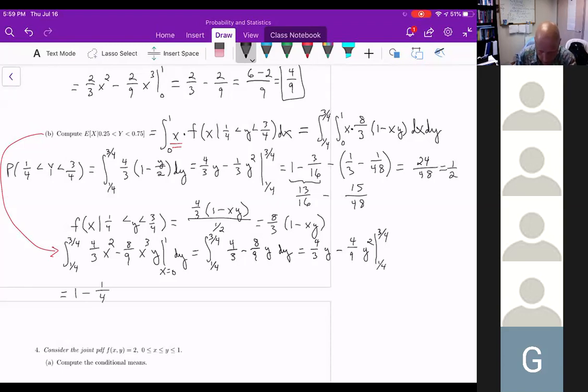So that simplifies really nice. Minus, when y is 1/4, you've got 4/3 times 1/4, which is 1/3, minus 4/9 times 1/4 squared, or 1/16. So 4 goes into the 16, so that you get 1/4 times 1/9, or 1/36. The 1 minus 1/4 is 3/4. The 1/3 minus 1/36 is going to be 11/36.